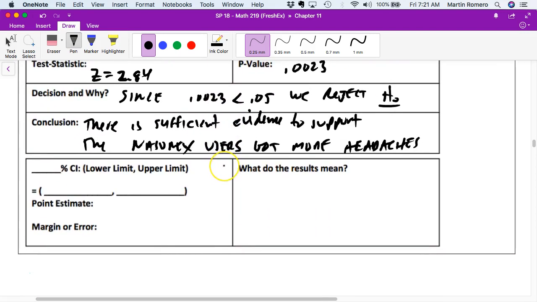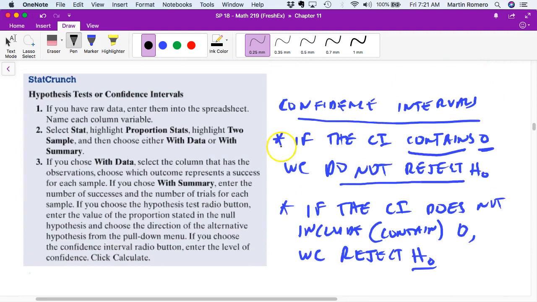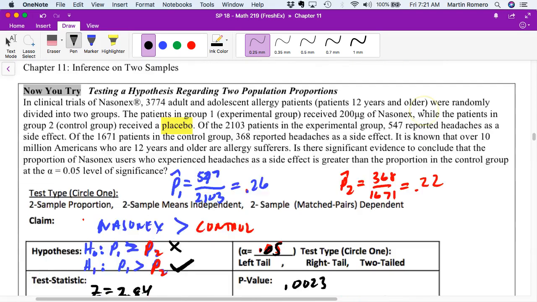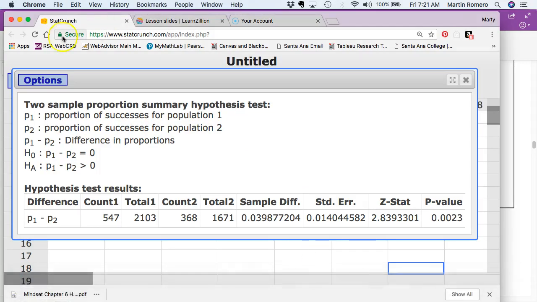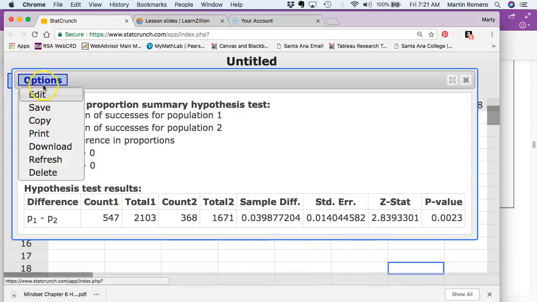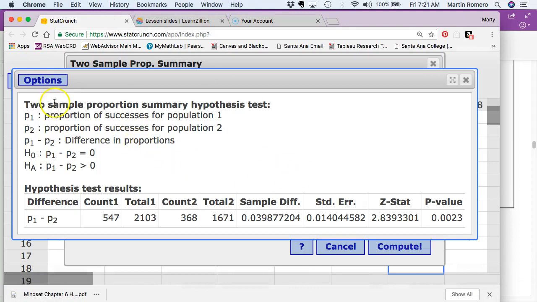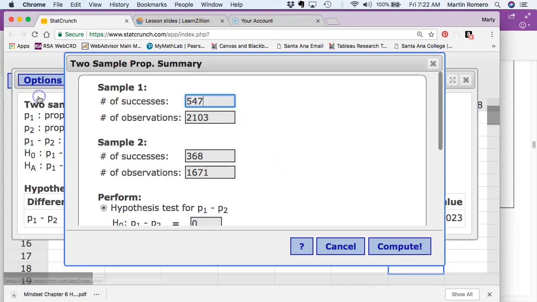Now we want to also use a confidence interval to do this. So let's create a 95% confidence interval. This is another way to run a test here. We'll use StatCrunch to do that. It's just an alternative way. Thought I hit edit. There it is.